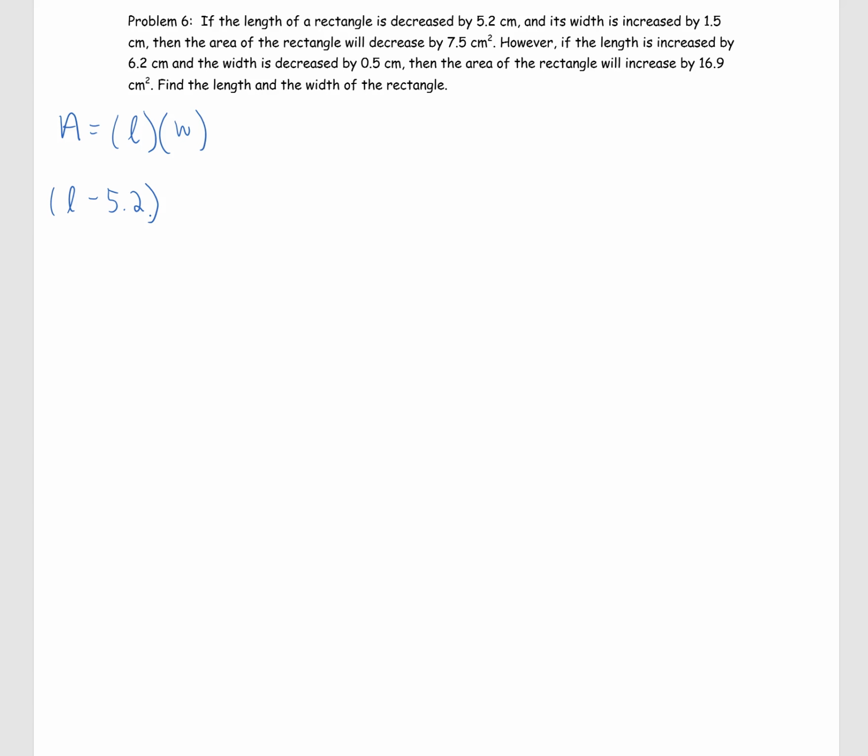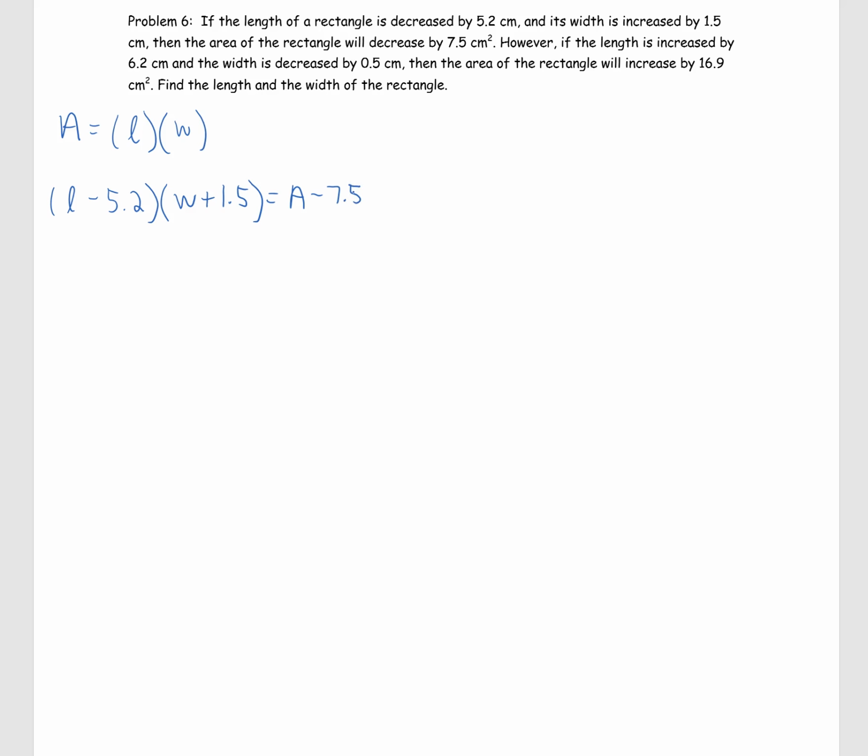So length decreases by 5.2, and the width increases by 1.5. So now I'm multiplying my new length and width. This gives me an area that decreases by 7.5.